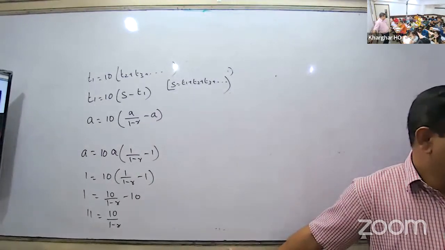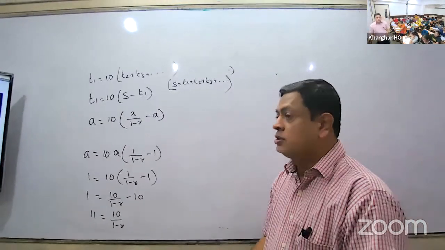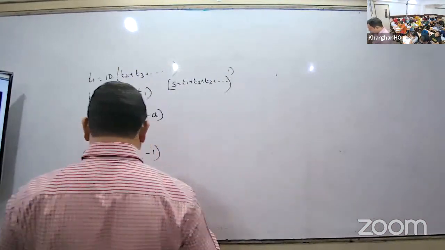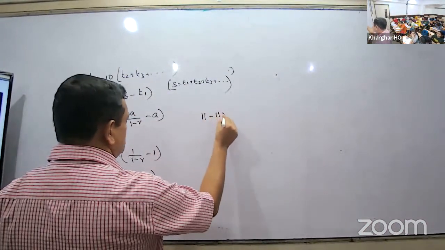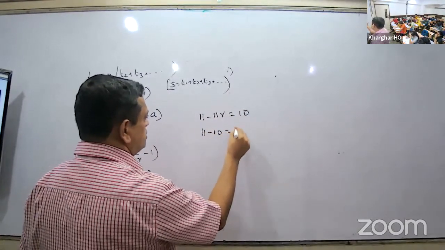What's the answer you got? 1 by 11. Cross multiply. Got the answer? 11 minus 11R is equal to 10. 11 minus 10 is equal to 11R.